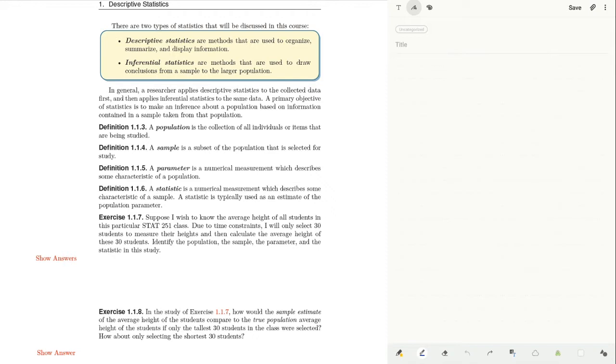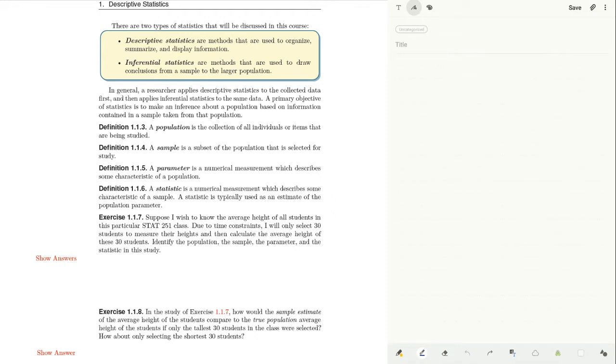Now, generally, a researcher will apply descriptive statistics to the data first, and then inferential statistics to the same set of data. Now, let's introduce four important definitions, some of which we have already been using.